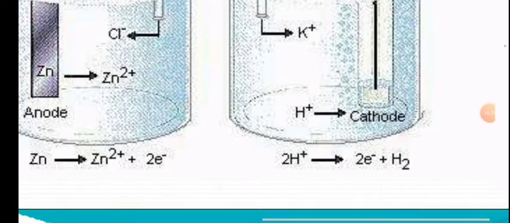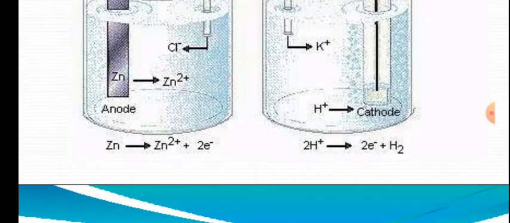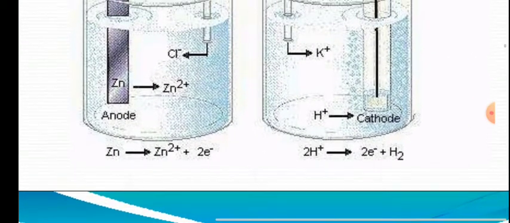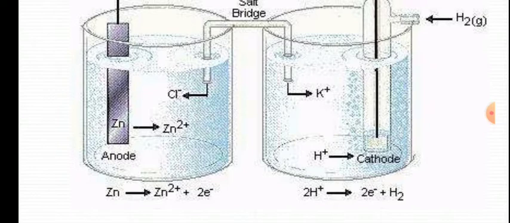Yes, student, there is a mistake in this reaction. Basically, here H+ comes to the electrode, that is the cathode, and it absorbs electrons from the cathode, and it becomes a hydrogen atom, or ultimately when two H+ come and accept two electrons, that is reduction taking place, it produces hydrogen.